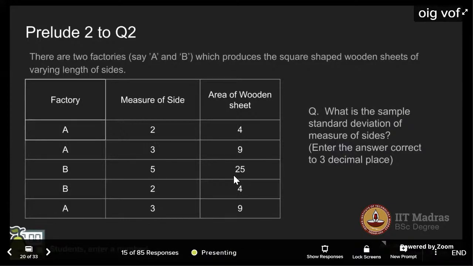Take your time, try to obtain the relation between population and sample standard deviation. Don't try to use the data. You know the population standard deviation is 1.095, n is equal to 5. Find the value of the sample standard deviation.